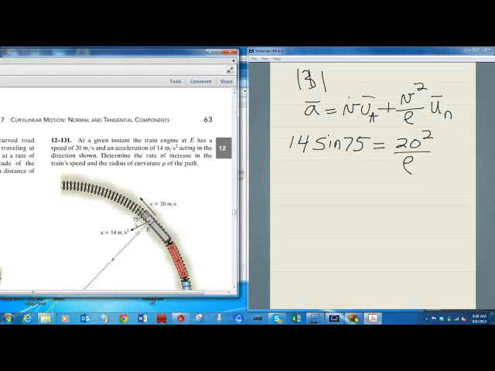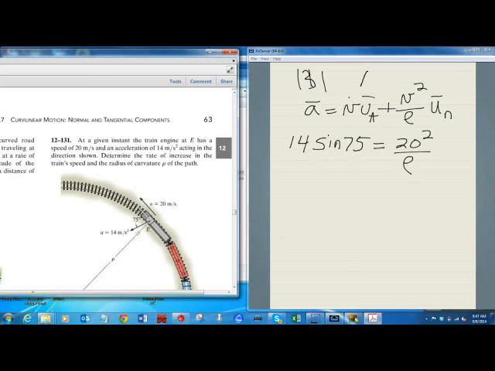Then what else do you want me to do? Determine the rate of increase. You see this term right here? What is the tangent component of acceleration? The tangent component of acceleration. You see this term right here? 14. What is the tangent?